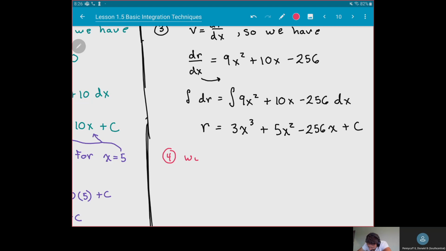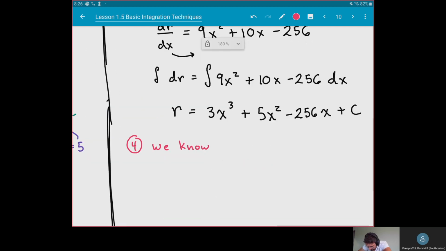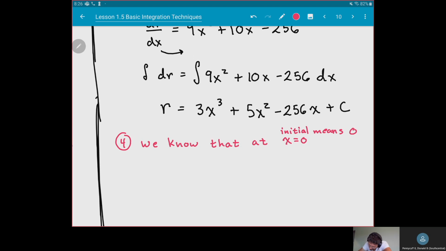We know the initial just means x equals 0. We know that at x equals 0, r is equal to 15.